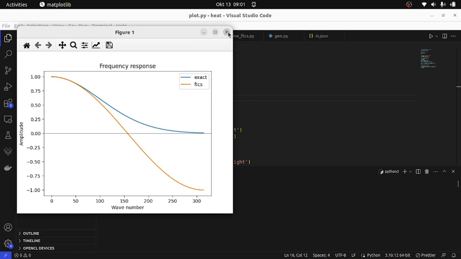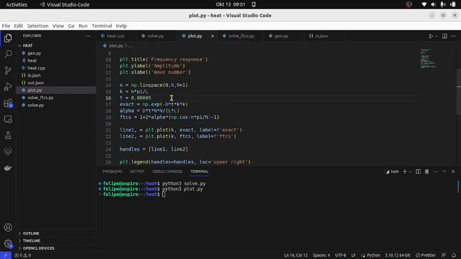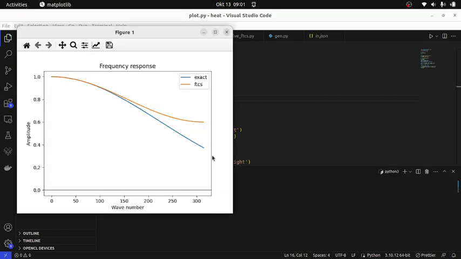But if I reduce the time step, so for example, if I put here 1, look at this, very interesting. The FTCS now has a different behavior. The response for the higher modes is higher than the exact one. Of course, when we do several time steps, it will eventually converge to the exact one.